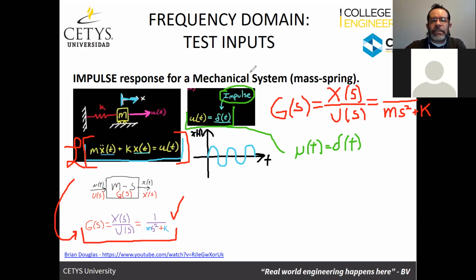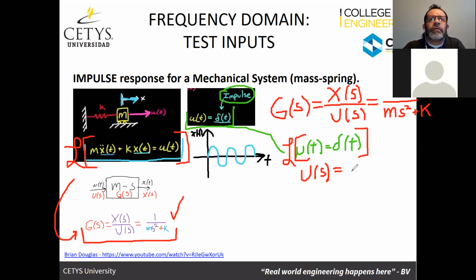Now, what I need is U of s. So I'm going to apply the Laplace transform to this. So all of this. And so the Laplace transform of u of t is U of s. And this is where the way we're going to be using the math comes in.